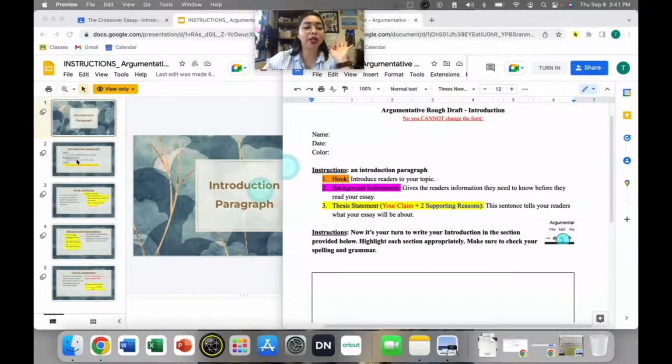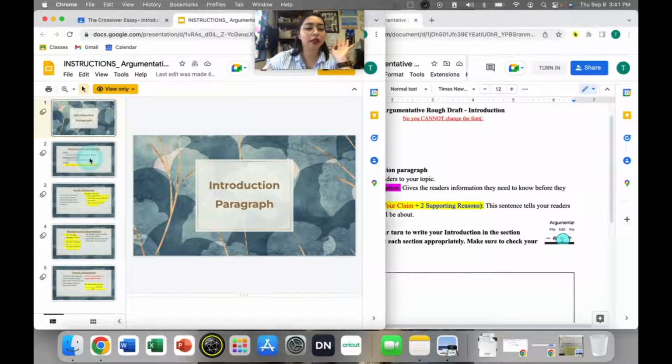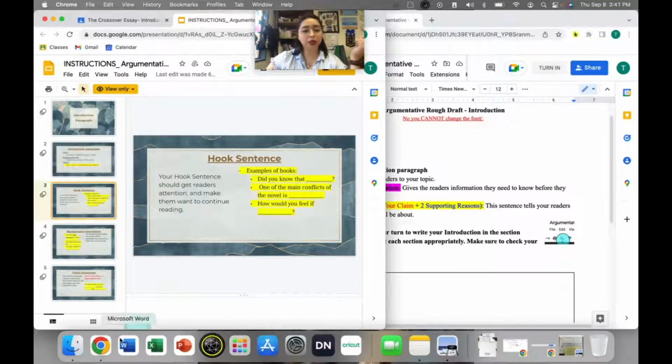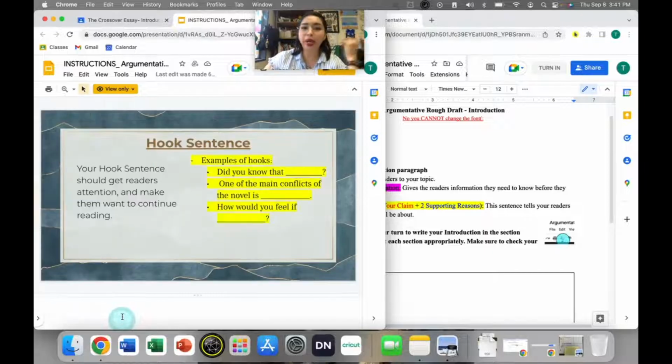So now what I need to do is click here on hook sentence, and it gives me a breakdown of what a hook is. A hook should get your reader's attention. Some examples of hooks would be a question: Did you know that in the novel The Crossover...? Or one of the main conflicts of the novel is blank, or how would you feel if blank?